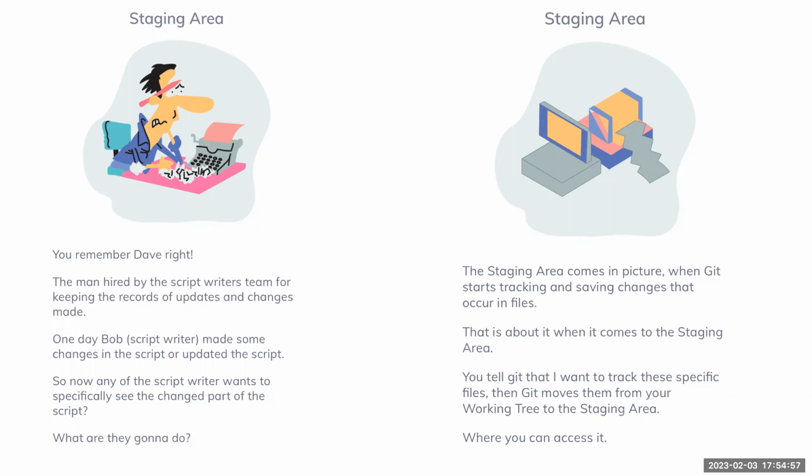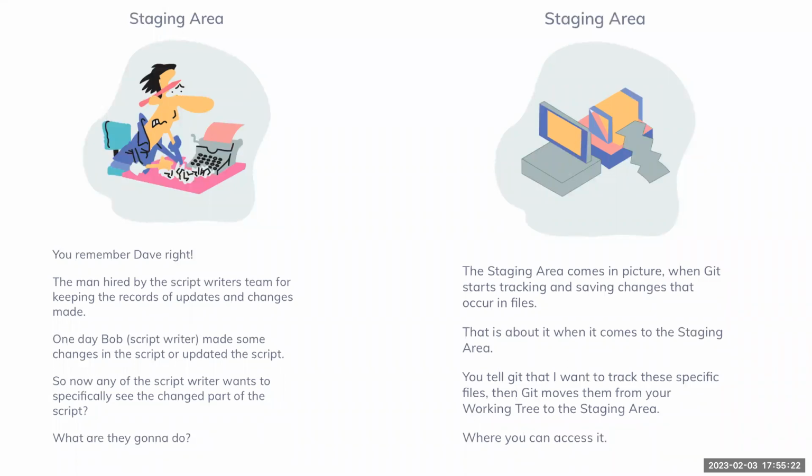The man hired by the script writers' team for keeping records of updates and changes made. One day Bob, the script writer, made some changes in the script, or updated the script. Now any of the script writers may want to specially see the changed part of the script.